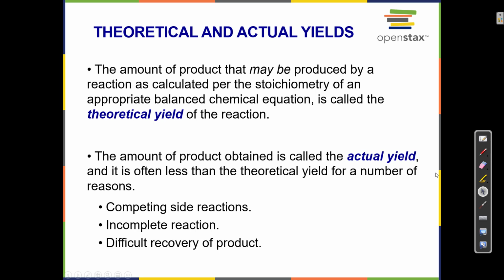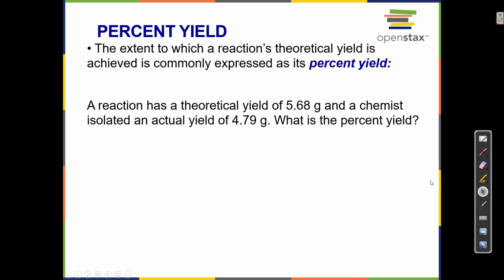And so generally it's useful for us to calculate what's called the percent yield. And the percent yield is just the ratio of the actual yield to the theoretical yield.